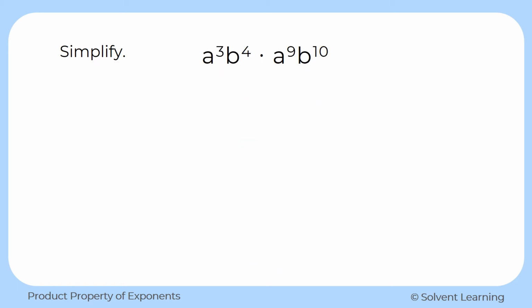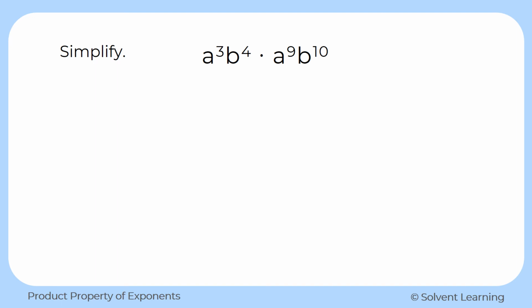Now we have a cubed times b to the 4th being multiplied by a to the 9th times b to the 10th. We have a little more going on in this one, don't we? We still have two exponent expressions being multiplied together, but each of those expressions has two variables.